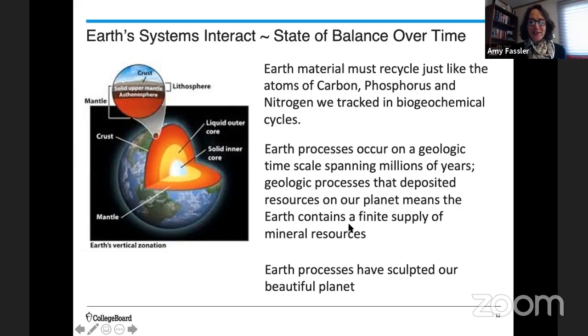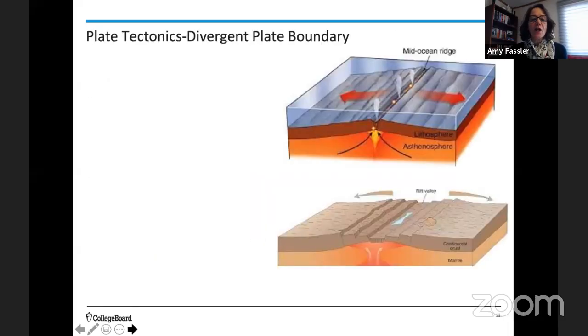We're also going to look at how these processes have sculpted our amazing planet. And that ties into that overarching idea of ecosystem diversity. We inherently realize that having a variety of ecosystems is important to biodiversity. Now we're going to look more at the patterns for how some of those ecosystems formed. So we're going to do a quick review of the 3 types of plate tectonic boundaries or interactions that can happen at tectonic plate boundaries.